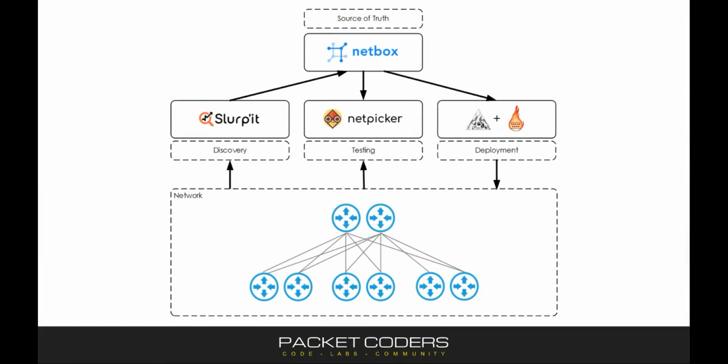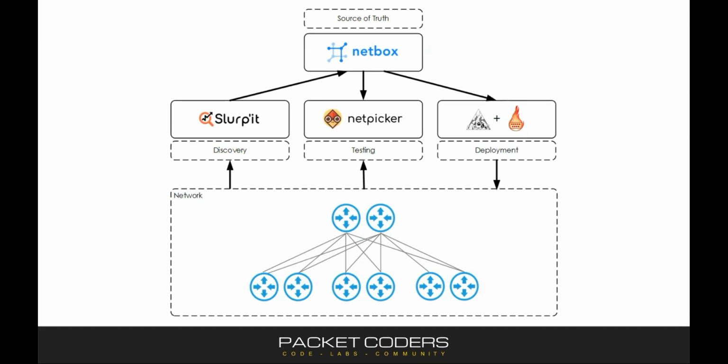Okay, so these are the three tools that we're going to look at today: NetBox, Slurp'it, and Netpicker. Now, I'm sure you've already heard of NetBox. So NetBox is a source of truth. You store your intended state, and then you use this intended state for documentation purposes or to drive automation, either automated tests or automated config, whatever you want to use that data within your intended source of truth for.